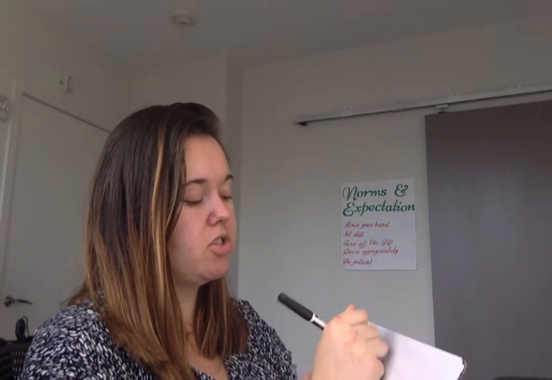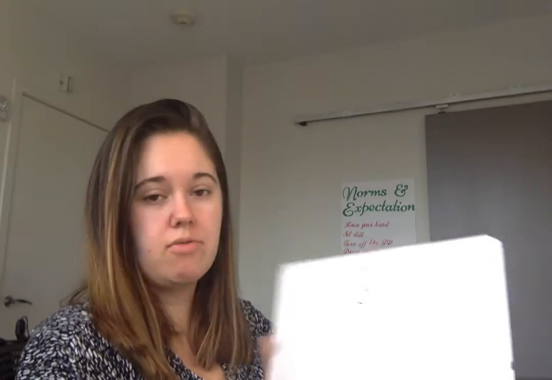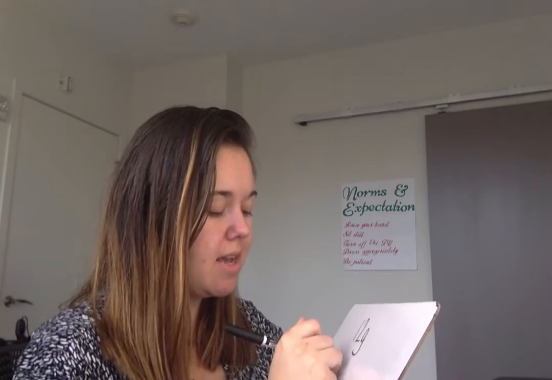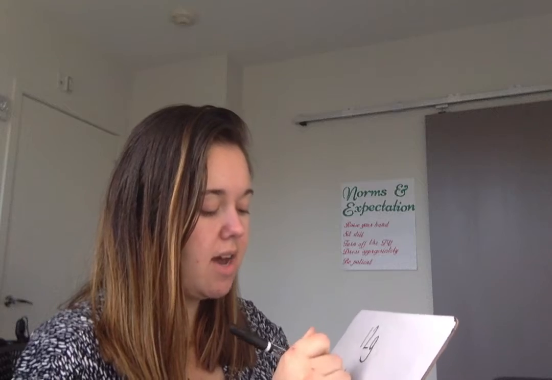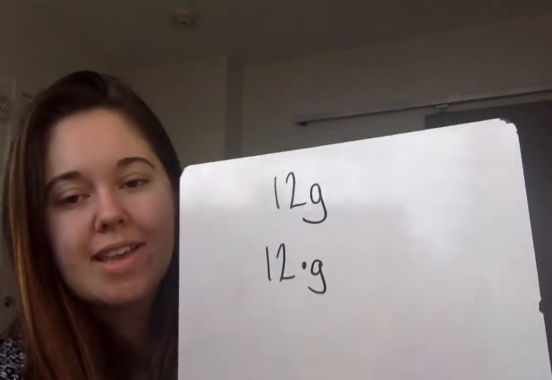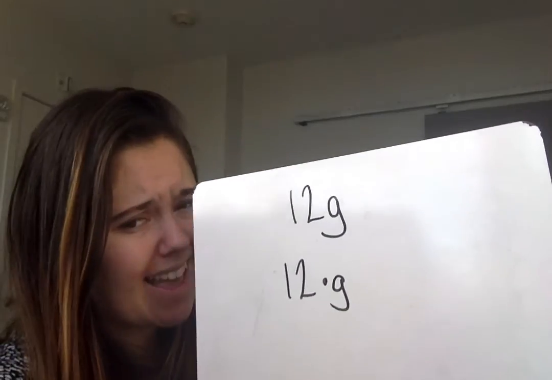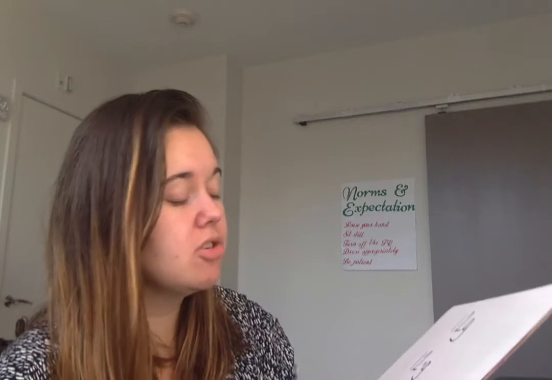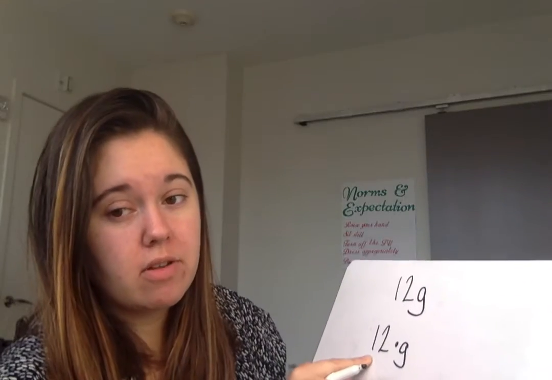All right, if we look at C, we're given 12G, right? 12G. Now, we could write this as 12 times G, right? But I'm looking at this, I would like to make this as long as possible. So here, what I want to do to make it longer is I'm going to actually break up this 12.